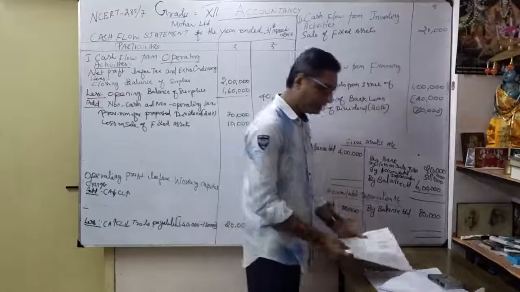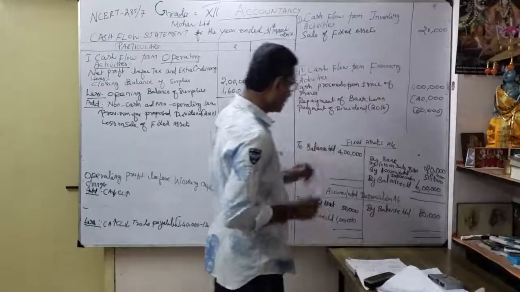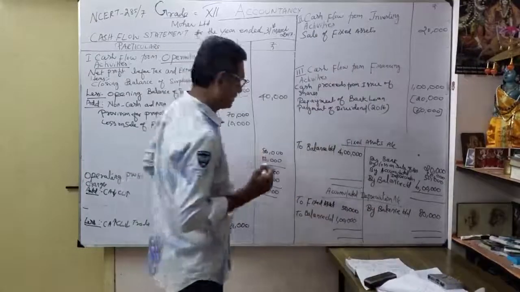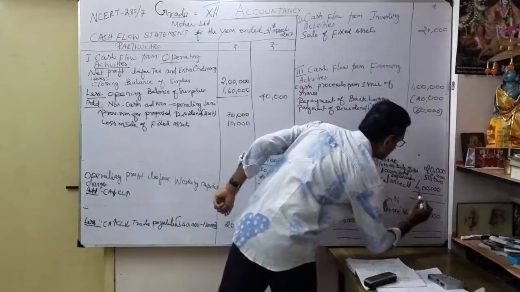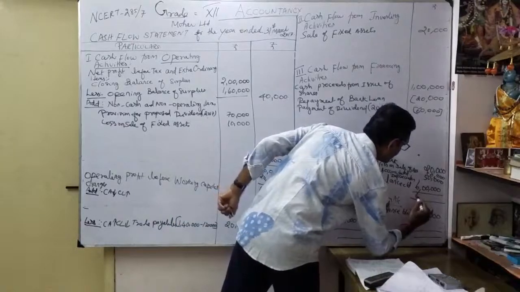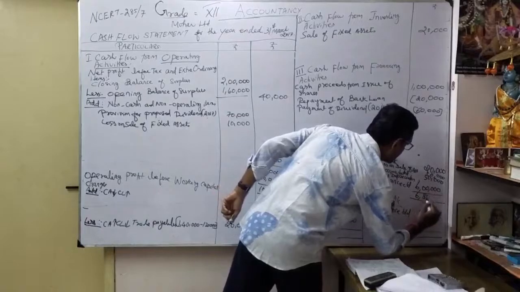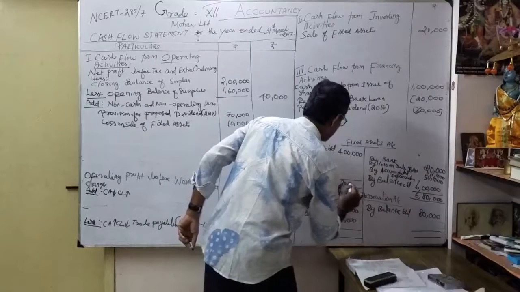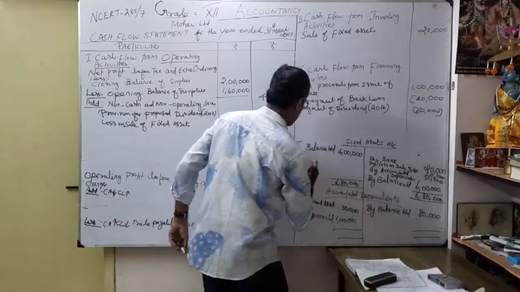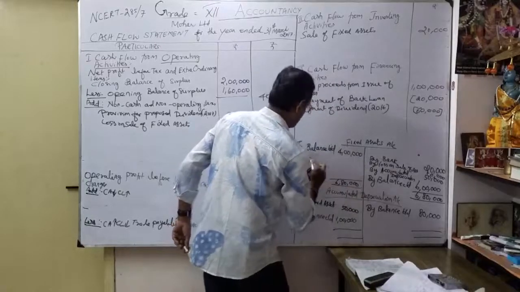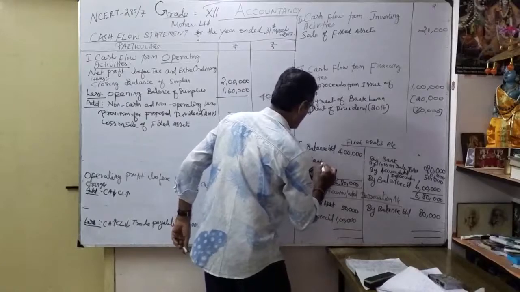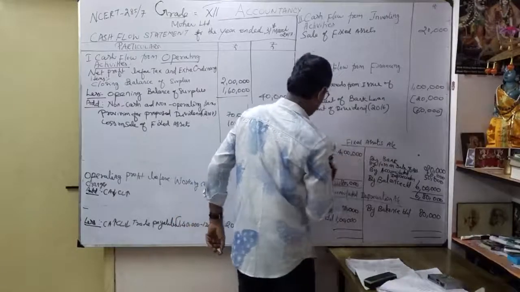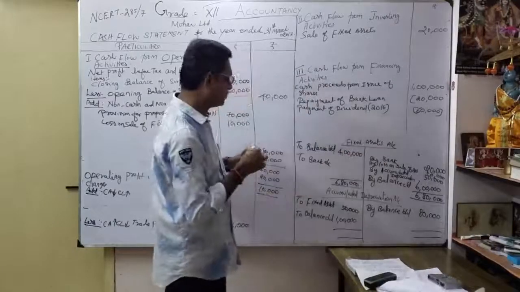Okay. Now see carefully. Now I want to close fixed asset account first. See here what's the total here? 6,80,000. Correct? Here 6,80,000. So what is it balancing now? So that is called what? To bank account. That's what fixed assets account debit to bank account.